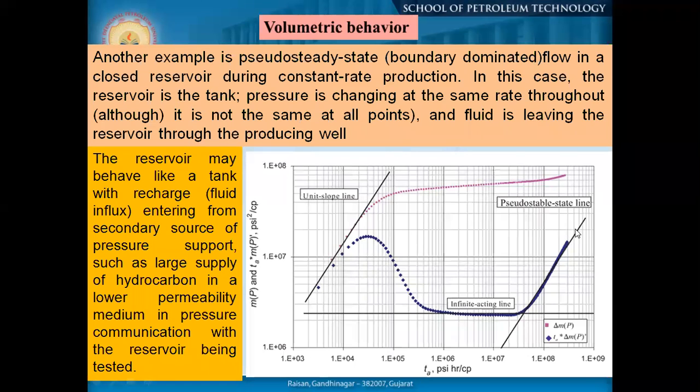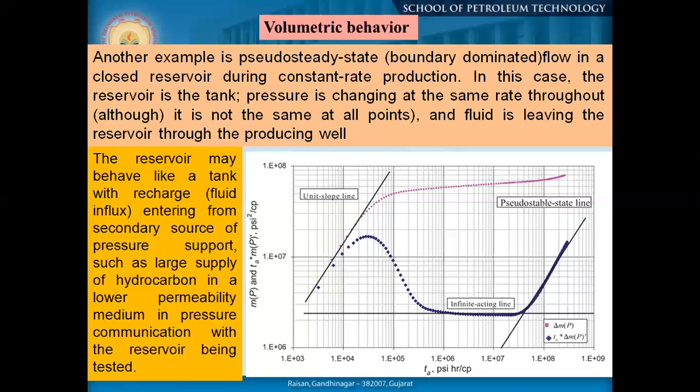So here we are considering up to this. The initial part is the wellbore, and this is the part where the whole reservoir is considered to be a tank with no support from the external boundary. That's why we are getting a pseudo steady behavior having a slope of 1. That means at a specific rate the pressure will decrease.